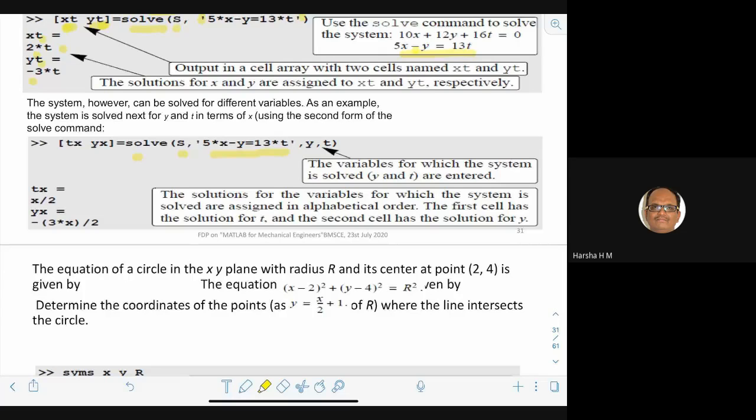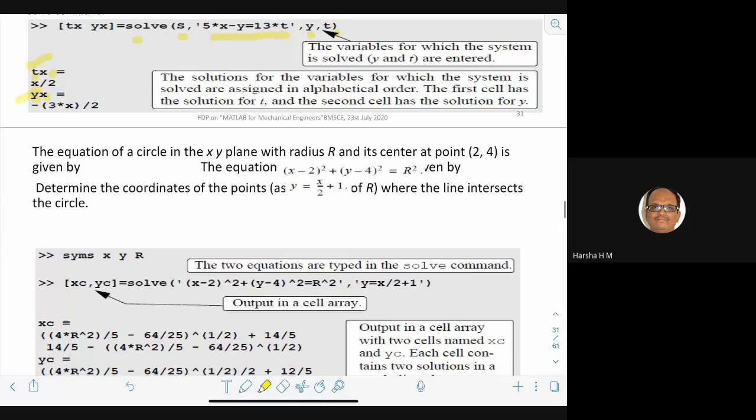That means it will give you expressions for t and y in terms of x, the other variable, because there are three variables in the equation and you are asking for t and y. Therefore, it will give you in terms of x. So it is tx and yx. Here it was xt and yt, meaning x in terms of t, y in terms of t. Now it has become t in terms of x and y in terms of x.